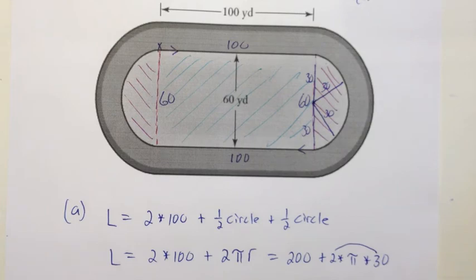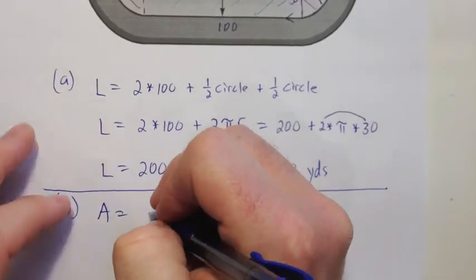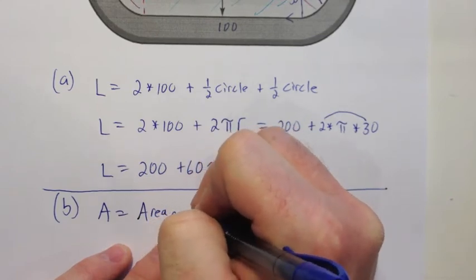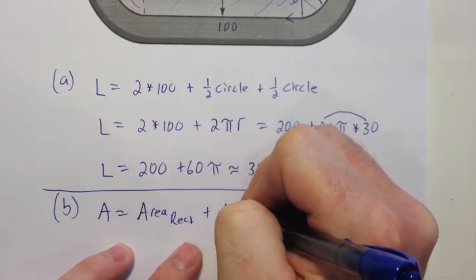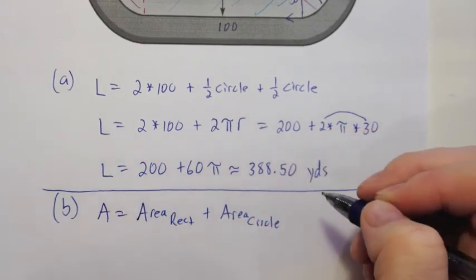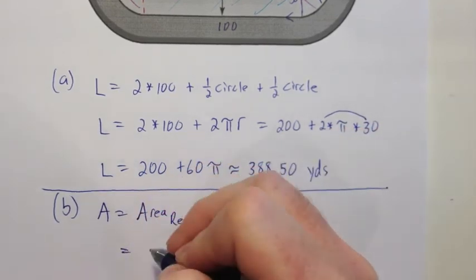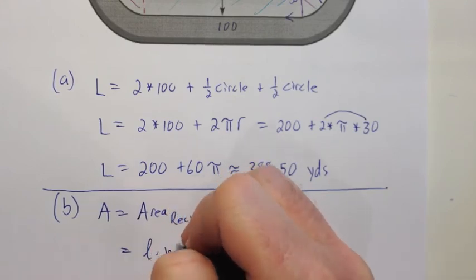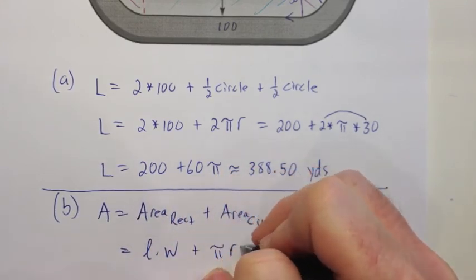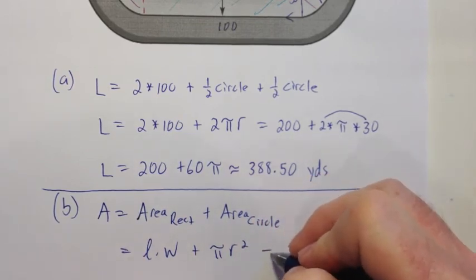So when I go to find the area, it is going to be the area of the rectangle plus the area of the circle. And so the area of a rectangle would be length times width. The area of the circle would be pi r squared, and I want to just plug in all those numbers.